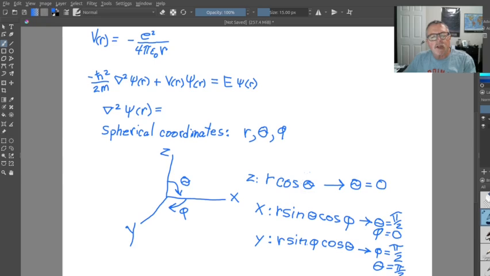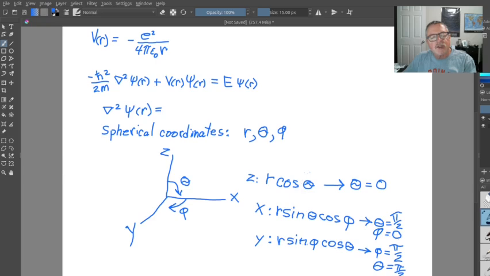So if cosine of theta is 1, then all of the r length is going to be on the z-axis. Now, what if phi is, how come I don't have anything about phi? Because if it's cosine of 0, it's all going to be 1 here, and the phi angle doesn't have any effect on it.